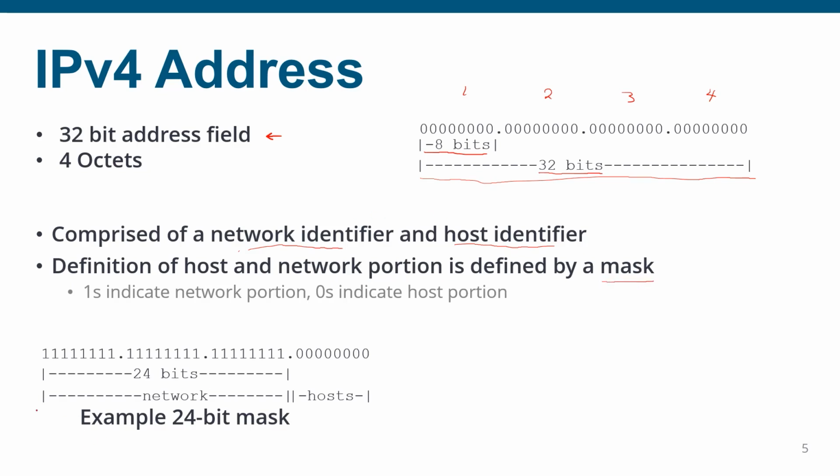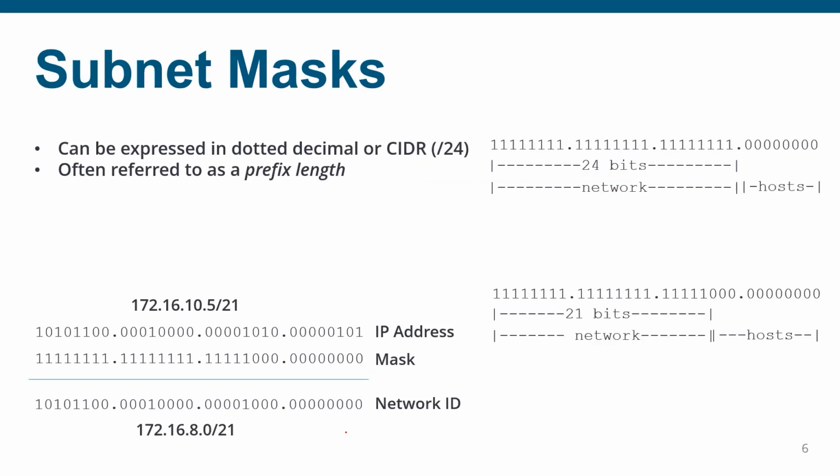A network mask works by having a series of consecutive ones and then a series of consecutive zeros. All corresponding positions which are a 1 are the network portion of the address, and all corresponding positions that are a 0 are the host portion of the address. I know that might be a little strange to wrap your head around. Let's take a look at the next slide here, and this might become a little more clear.